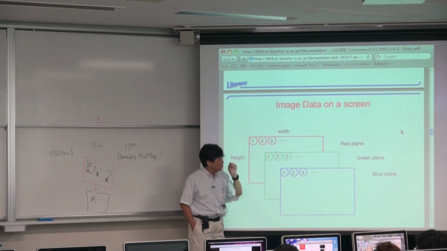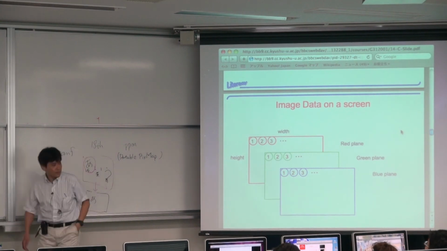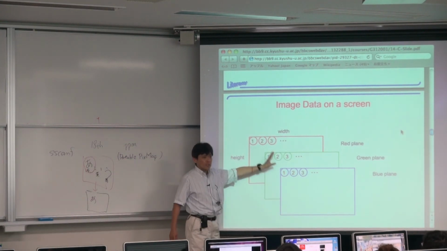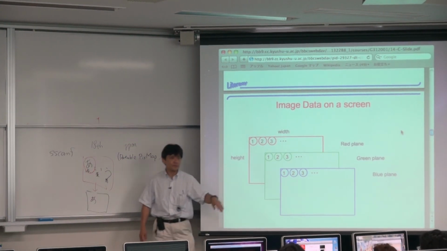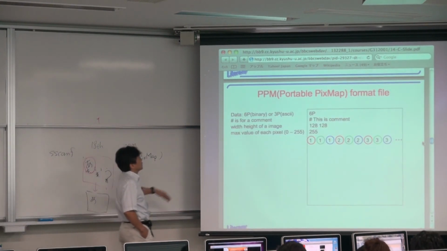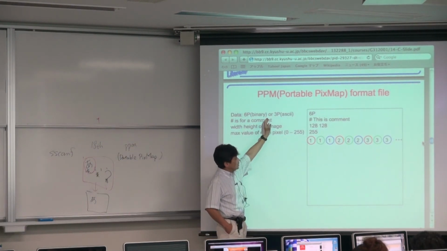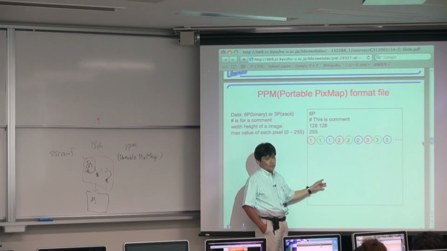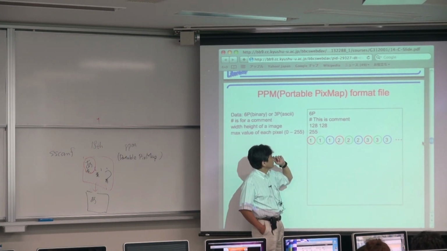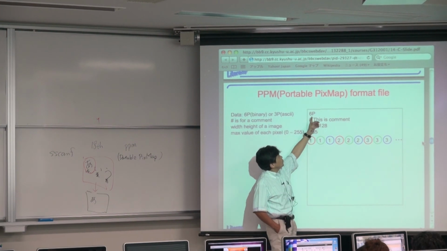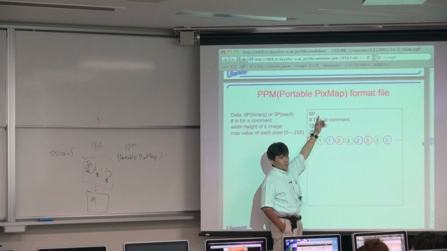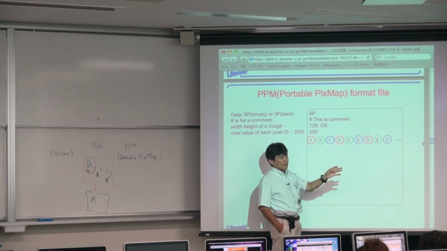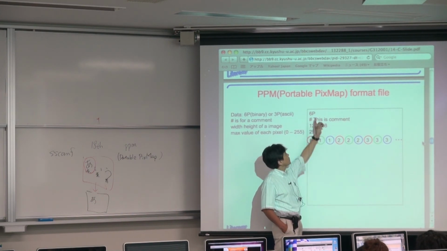So you have to prepare these data into a file. For example, PPM format has this type of data structure. So this is a special symbol that means a text file or a binary file.